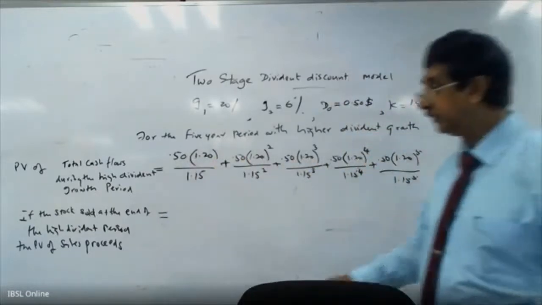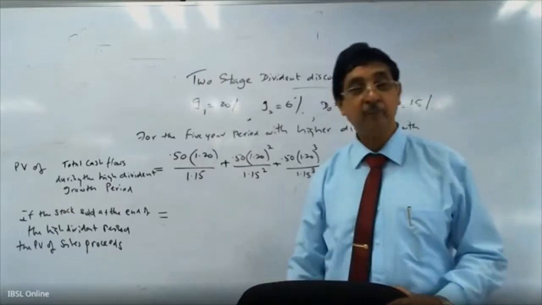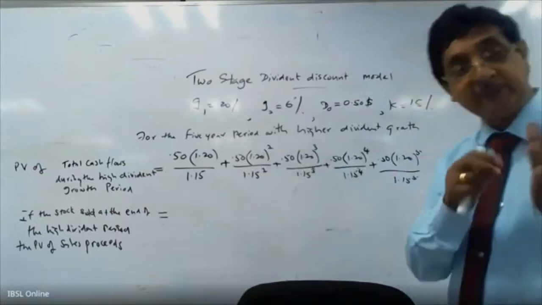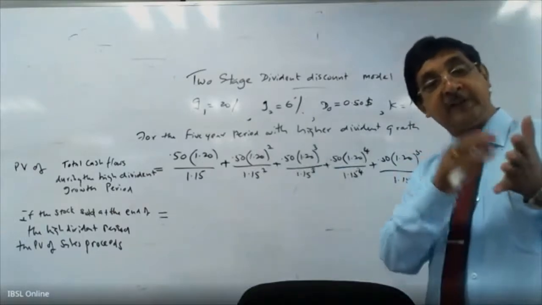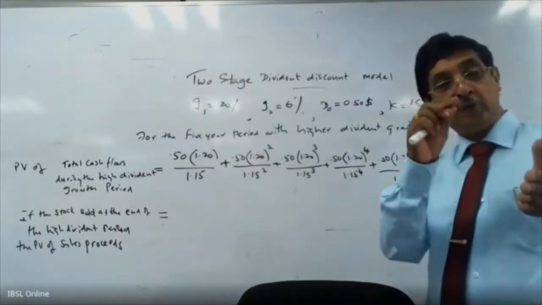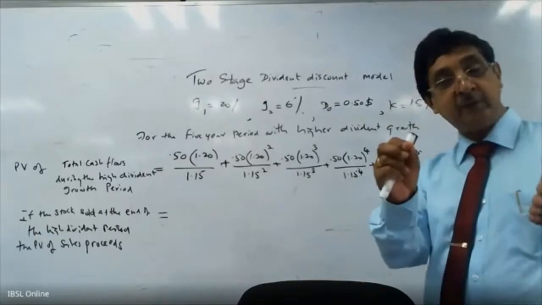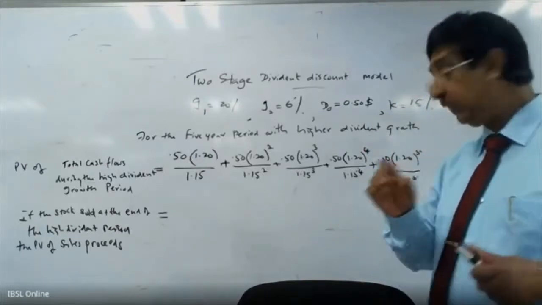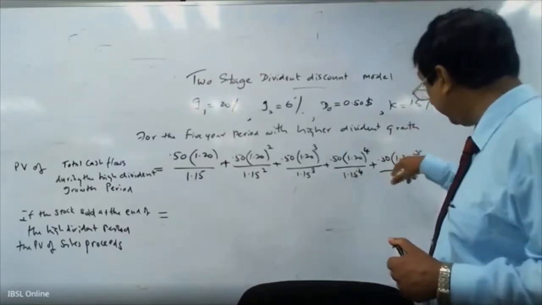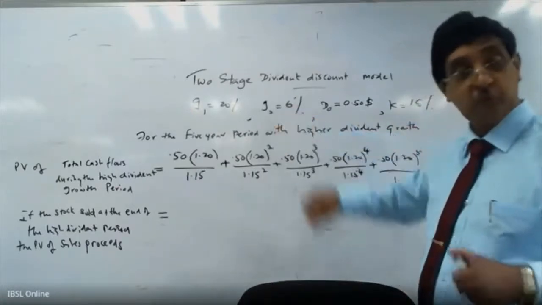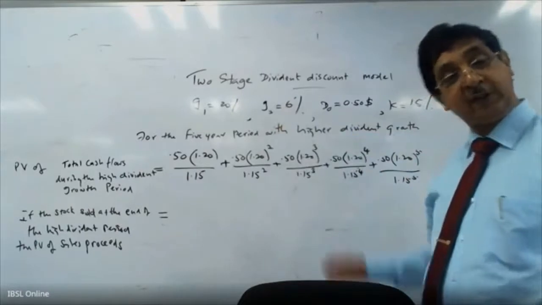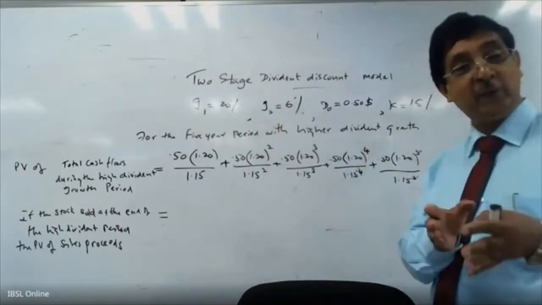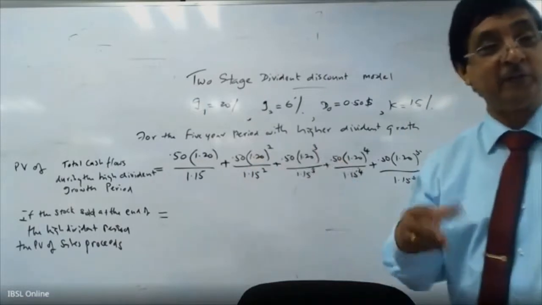Right, I will put the formula. As per the formula, the price is equal to D0 into 1 plus G divided by K minus G. But G here is not G1, it is G2. That is why we can make use of the one-stage dividend model to calculate the price. Otherwise, we can't do that.